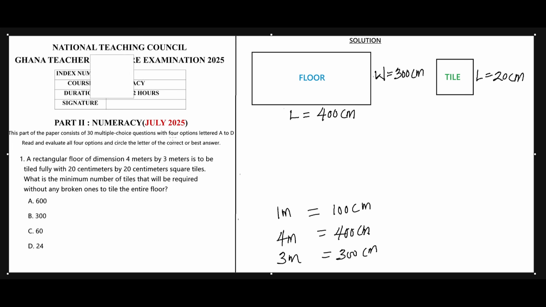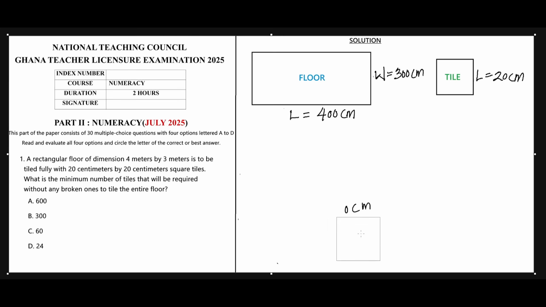Next, let's calculate the area of the rectangular floor as well as the area of the square tile. So let's begin. Area of the rectangular floor. So because the floor is in the shape of a rectangle, we know that the area of a rectangle is given as length multiplied by the width.